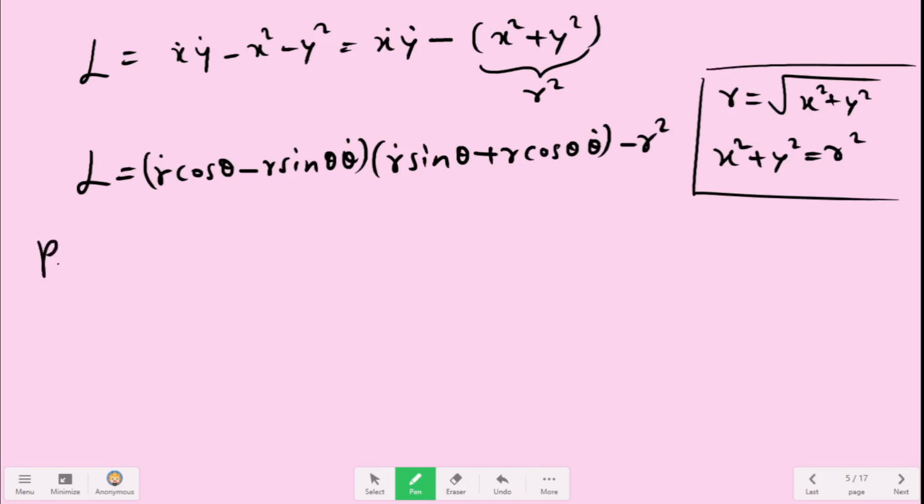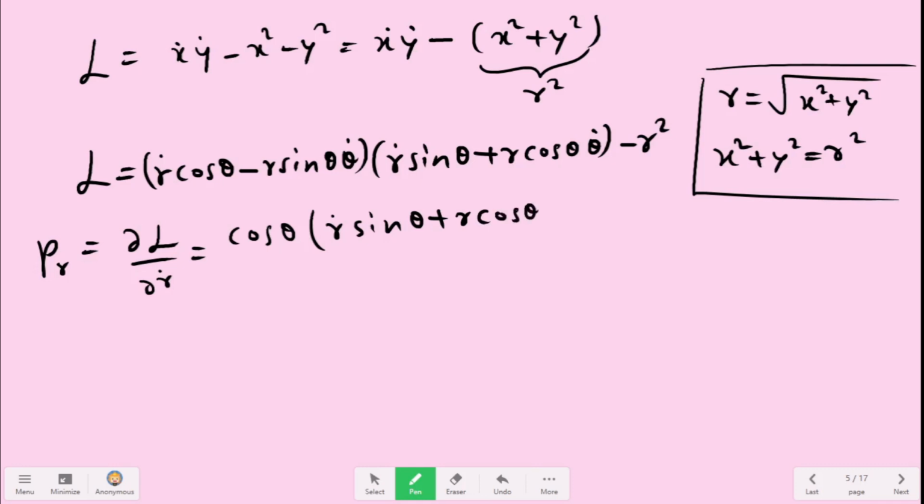Now we need PR. PR is equal to del L upon del r dot. This is equal to cos theta times (r dot sin theta plus r cos theta theta dot) plus, so you differentiated this with respect to r dot partially and then multiplied with this.